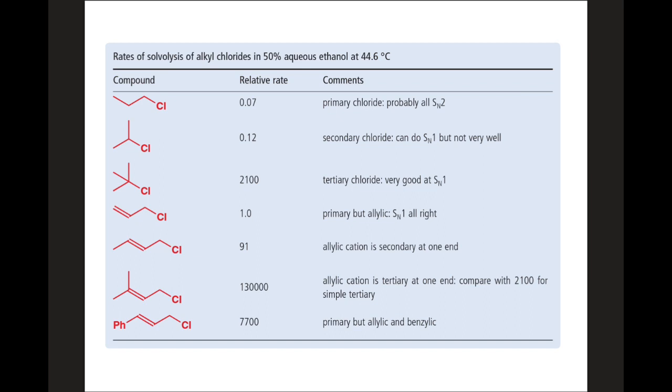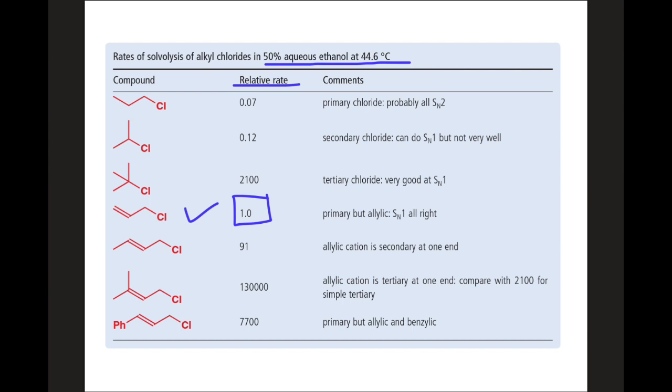So, the rate of solvolysis of the alkyl chloride in 50% aqueous ethanol at 44 degrees centigrade. All right, fine. First of all, we have taken the allylic chloride to be 1, that is the relative rate we are talking about. So, we have to consider any one of them as a standard 1 value.